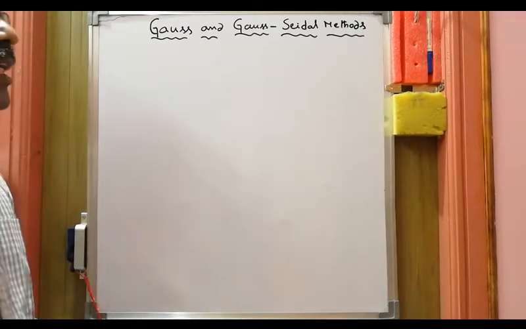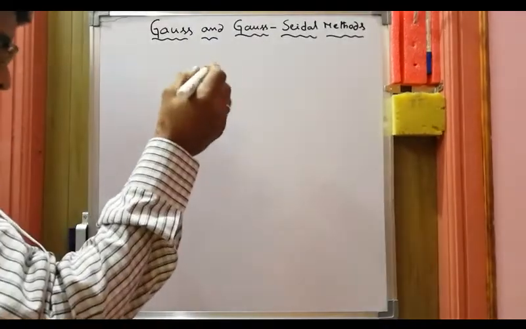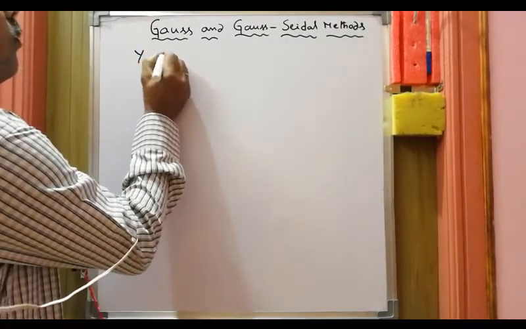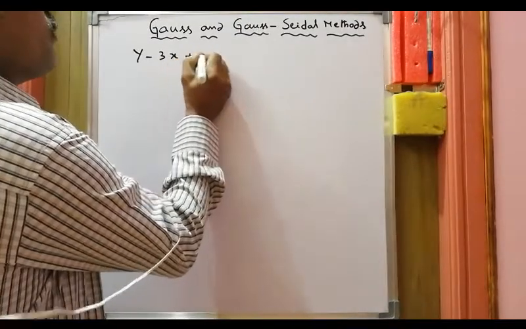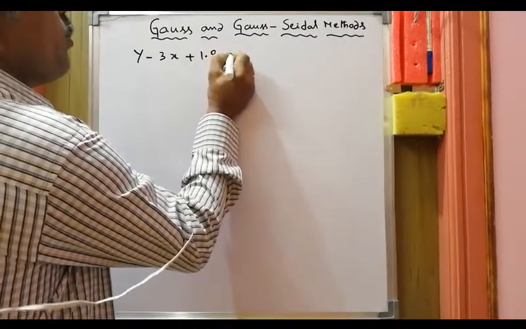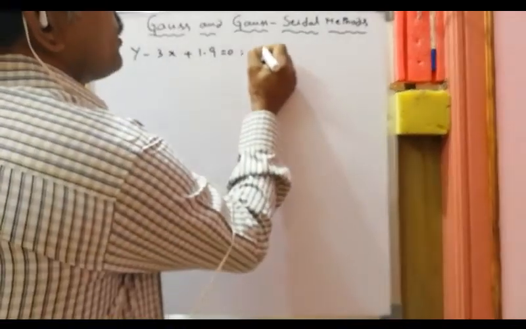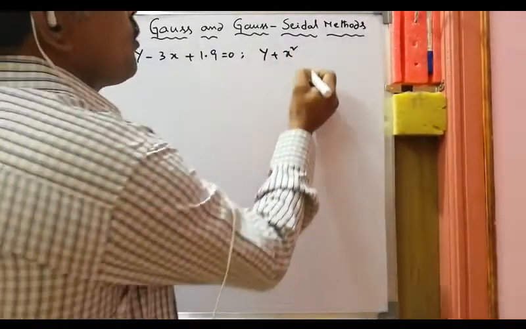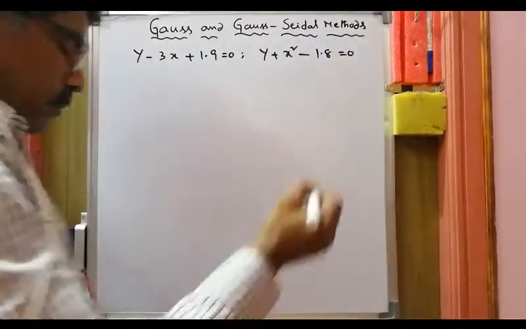So you consider two equations like y minus 3x plus 1.9 equal to 0. That is one equation. The other is y plus x square minus 1.8 equal to 0.